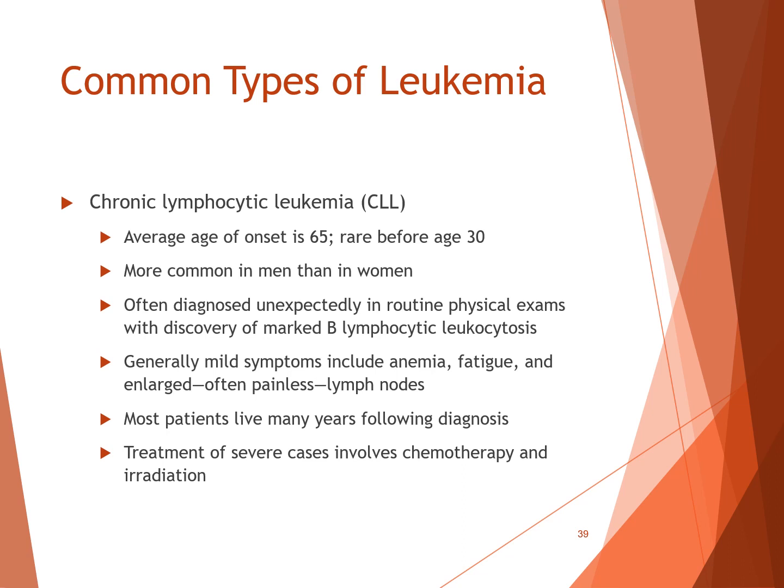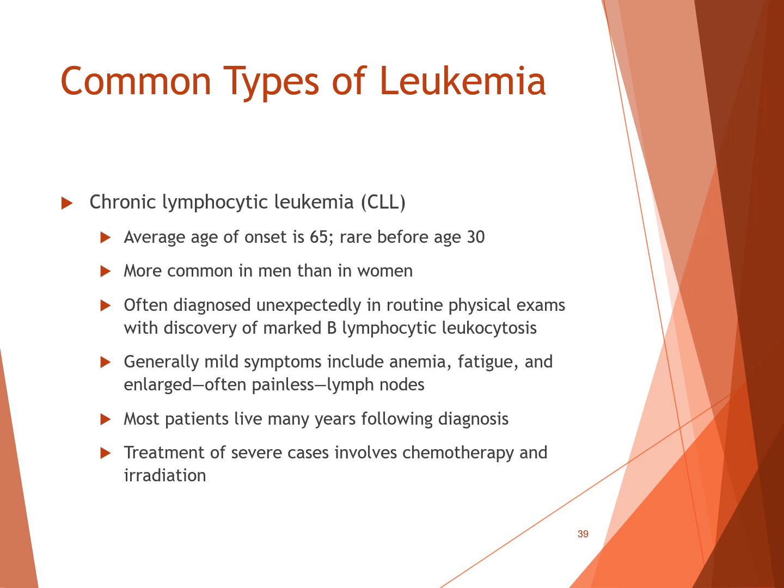With chronic lymphocytic leukemia, we see an increased production of B lymphocytes. However, the antibodies that they're producing are abnormal, and so this may cause some infections to occur.